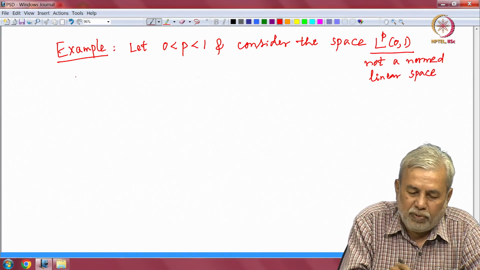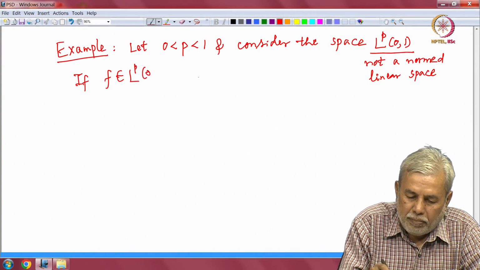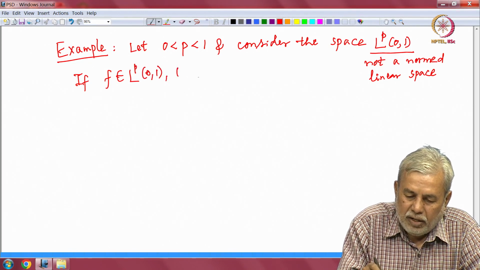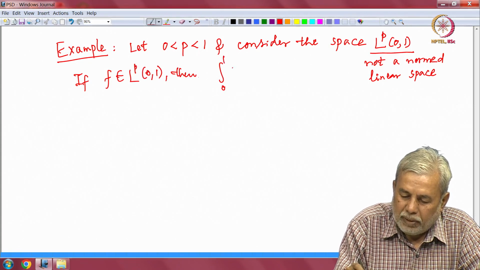Okay. So, if f belongs to L^p(0,1) in this range, by definition, okay, so this is the space of all measurable functions for which this is finite.